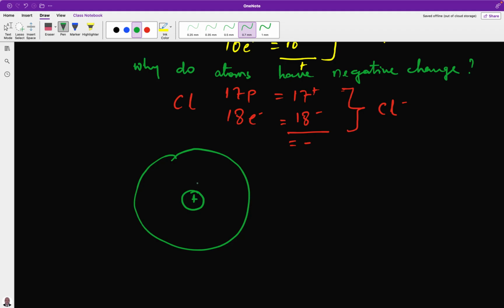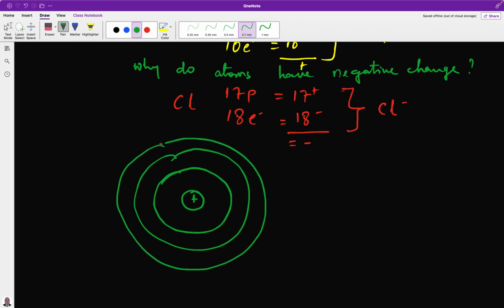Outside the nucleus, we have orbitals, and these orbitals are arranged in shells. These are all the shells.